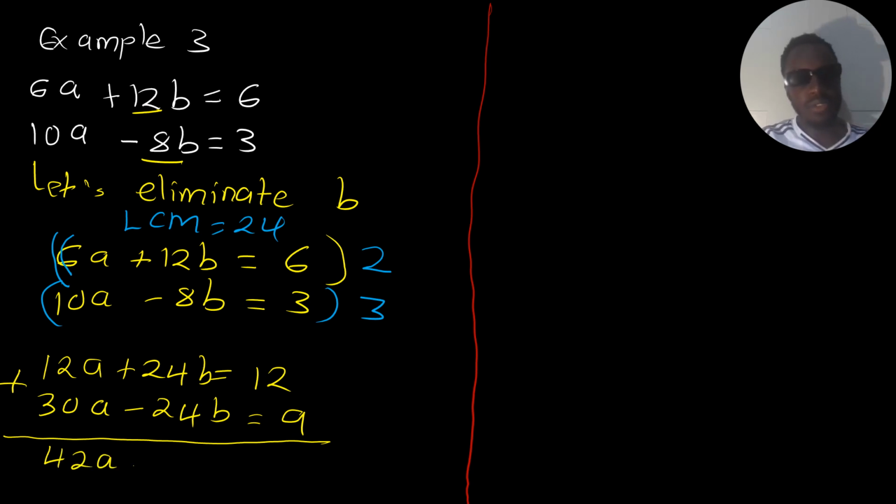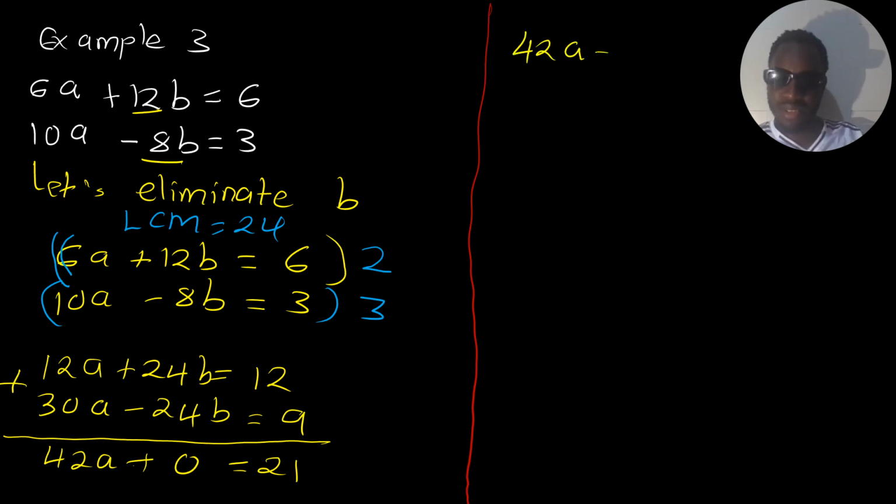Then we add 24 plus negative 24, you'll get 0. Then when you add 12 and 9, that is 21. So 42a is equal to 21.